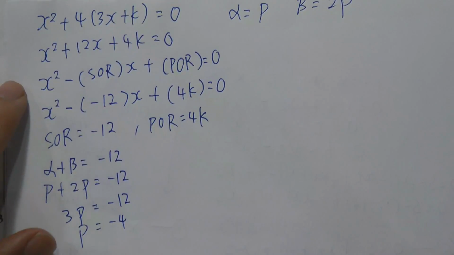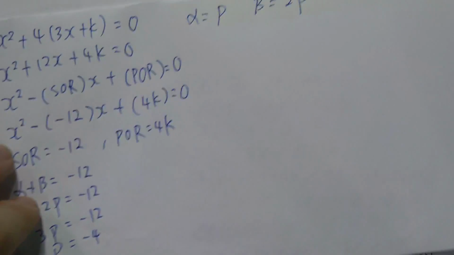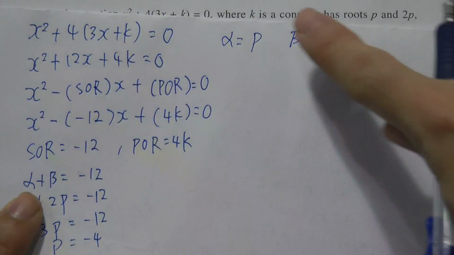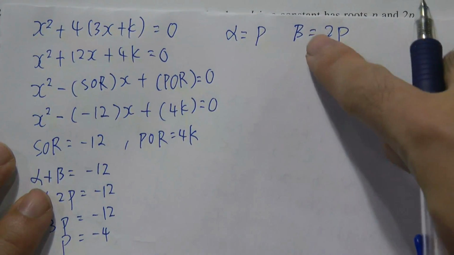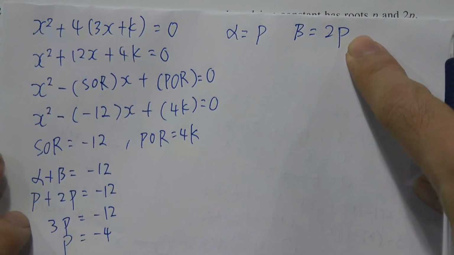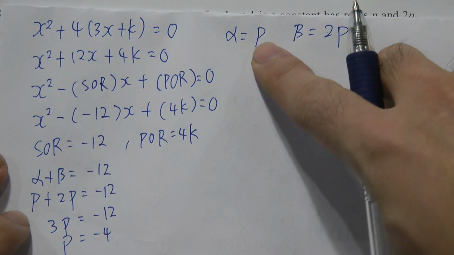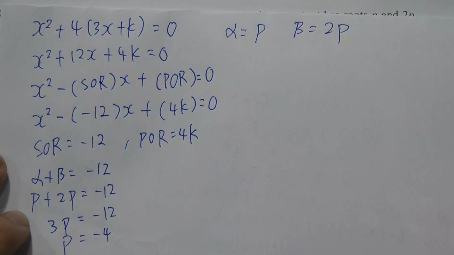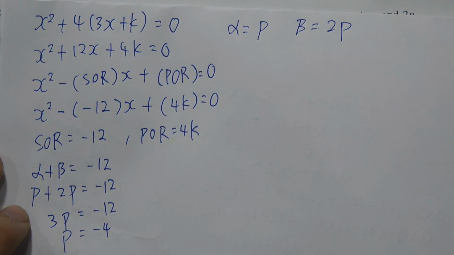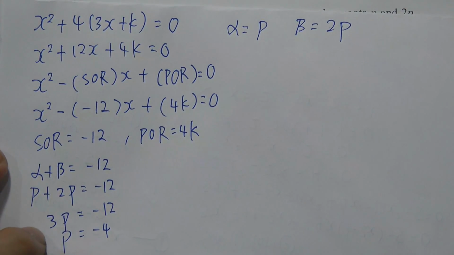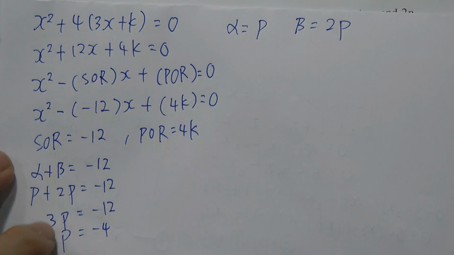Because I assume alpha is p and beta equal to 2p. Of course you can assume alpha equal to 2p, beta equal to p. It doesn't matter, because when you add them together you will get 3p, and then you can solve it. You get p equal to negative 4.